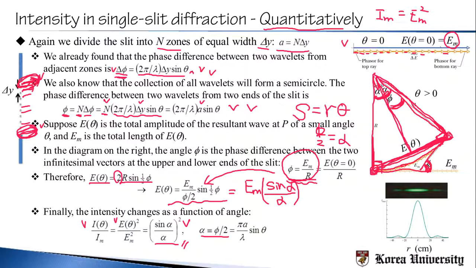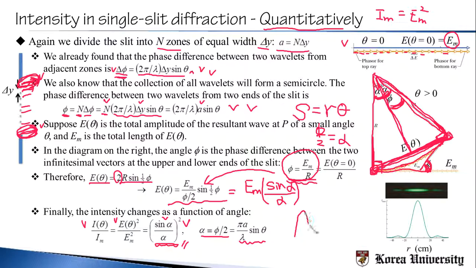Again, alpha is half of phi, and of course it can be written based on sine theta, right? Okay, and then what we finally have to figure out is what kind of function this is. Now this function, in the upper part we have sine square. So sine square changes from 0 to 1, right?